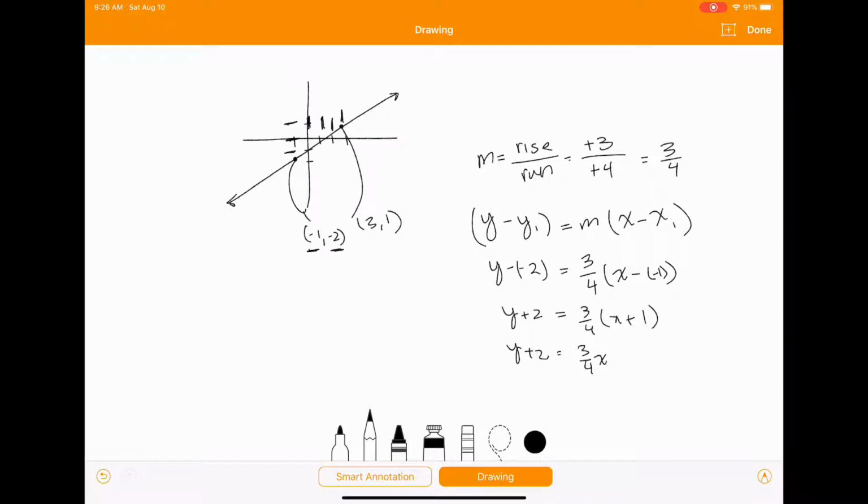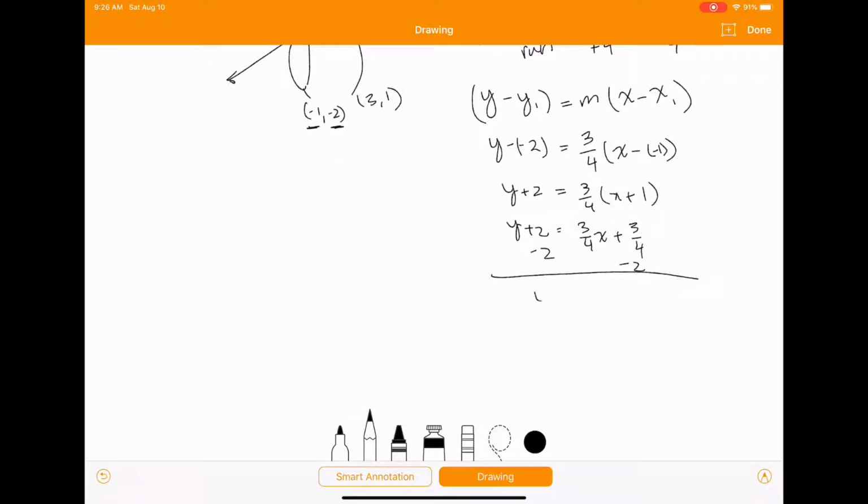So we're just going to go ahead and distribute this 3/4 out. And then subtract 2 from both sides. So we're going to get y equals 3/4 x. And I know that 2 is actually 8/4. So that's going to end up being a -5/4. So that would be your equation right there.